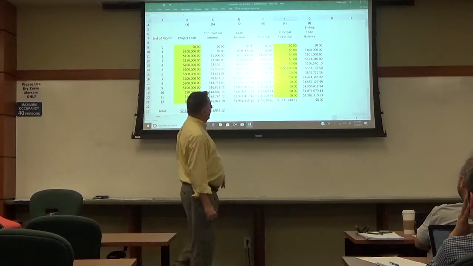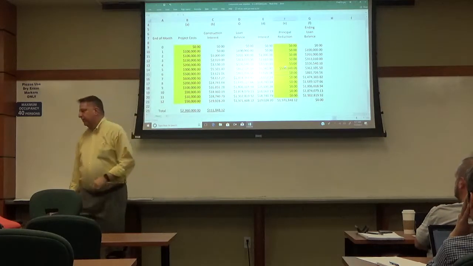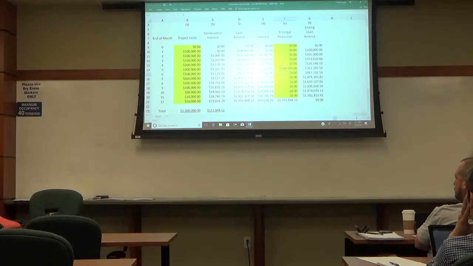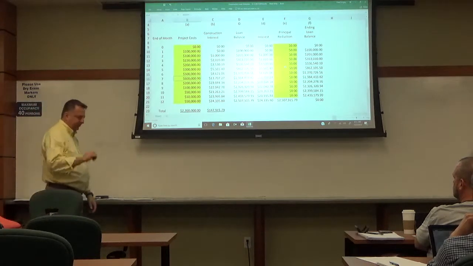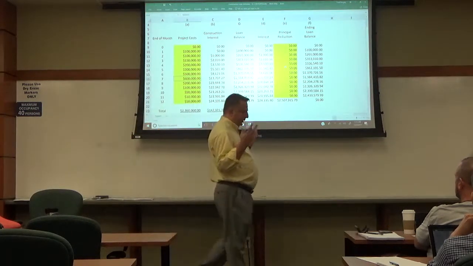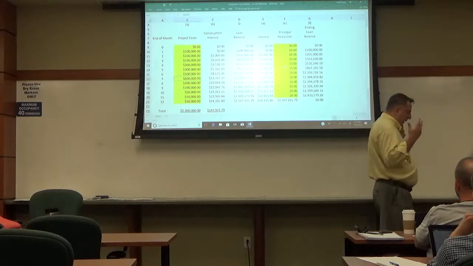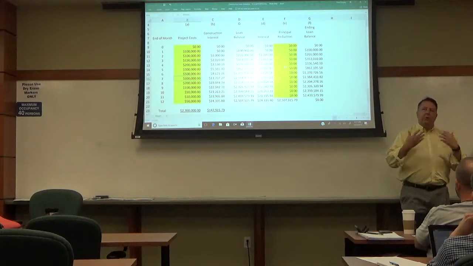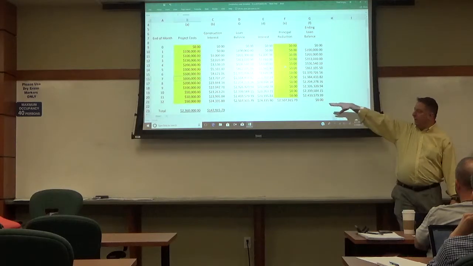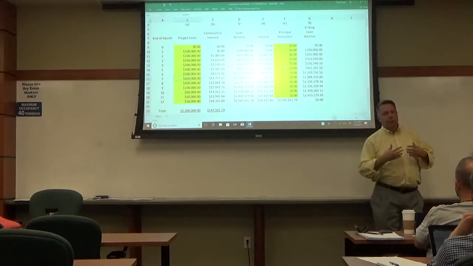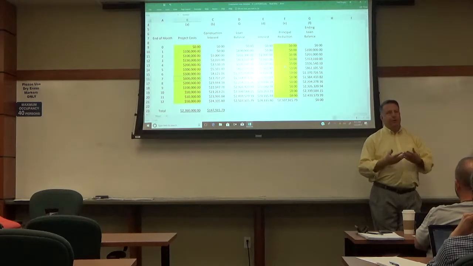Okay, all right. Now, another thing to point out here, and it's logical and practical: if you're a developer and this is the way your loan is structured, you have an incentive to do what?